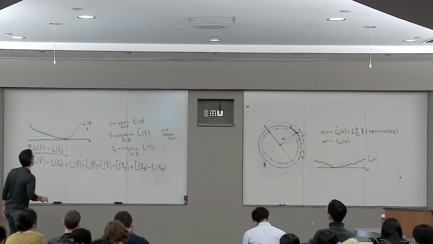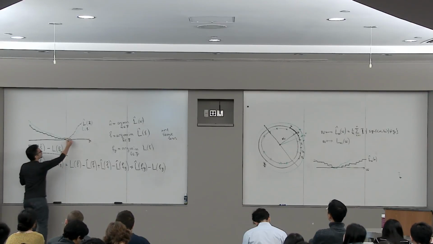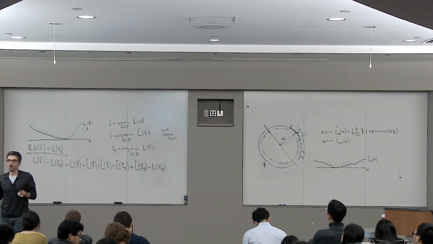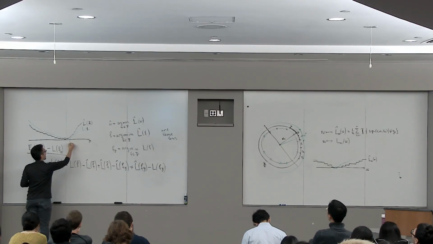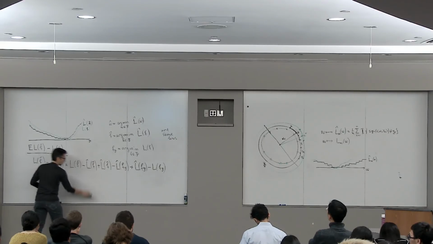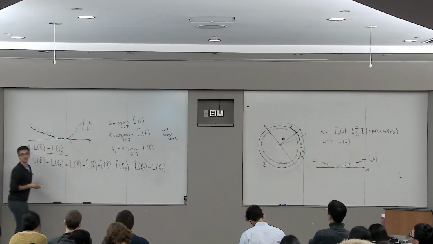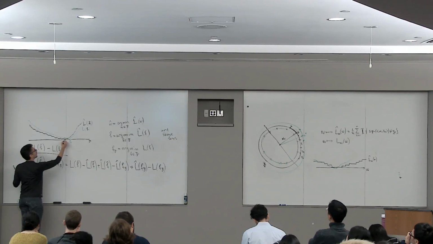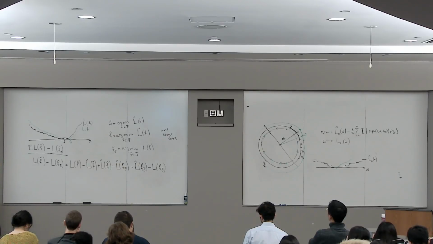Essentially, here's the minimizer of L over my class F. This point is my f sub F. Yes? This point is f hat, sorry. That's the empirical minimizer.